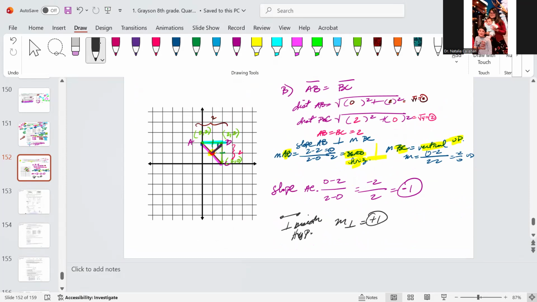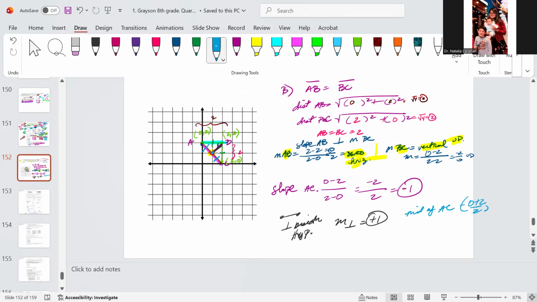I'm just going to say that's it. And then if you really want to be fancy, you know that this is a perpendicular bisector, which means that it passes through the midpoint, right? You can say the midpoint of AC, and you just do the midpoint formula. The midpoint is going to be 0 plus 2, or I'm sorry, for the x value, it's 0 plus 2 divided by 2, right?